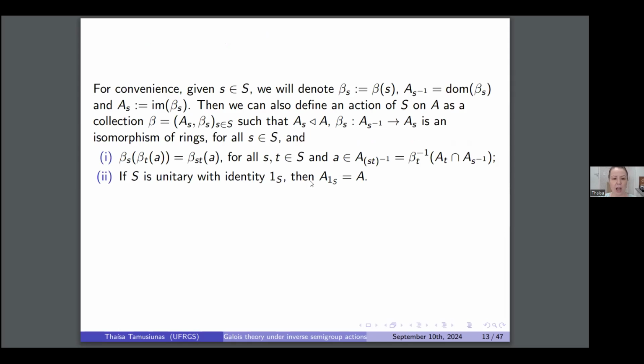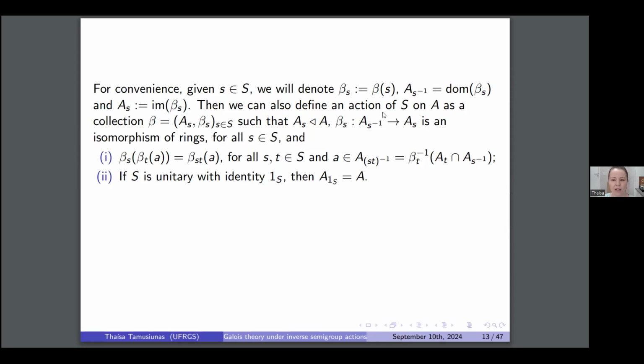For convenience, I will use another notation, but it's equivalent. We denote beta(s) by beta_s. The domain of beta_s we denote A_{s^{-1}}, and the range of beta_s we denote A_s.